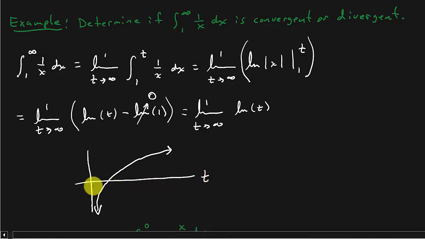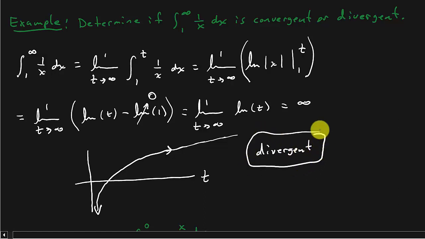As t goes to infinity, as the t values get larger and larger, the graph goes this way. And what's happening to the y values? Well, they're increasing, going to infinity also. So this is equal to infinity, so we would say this is divergent.